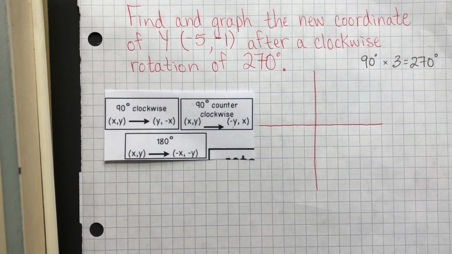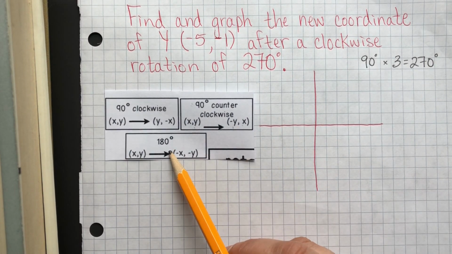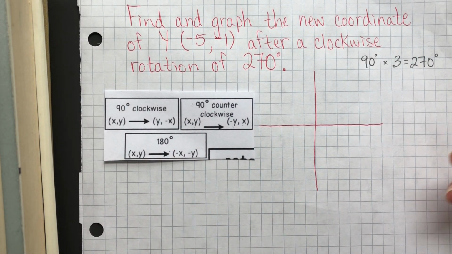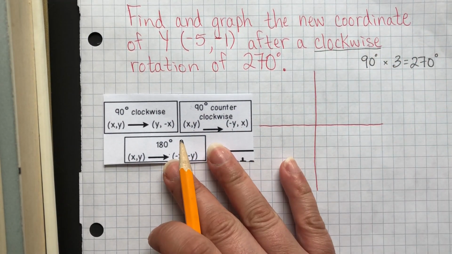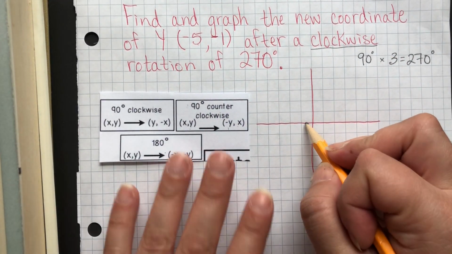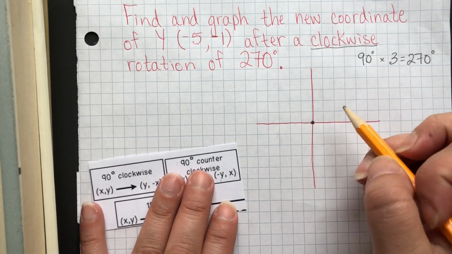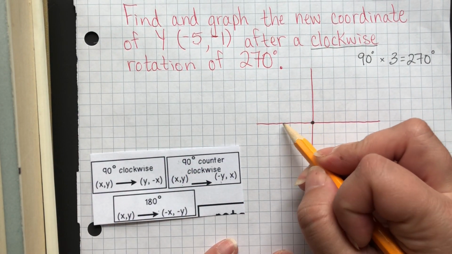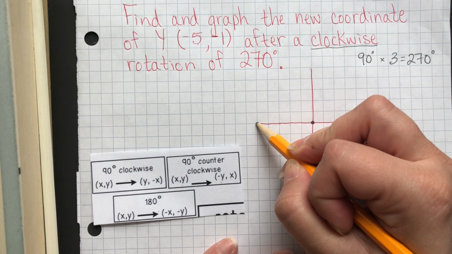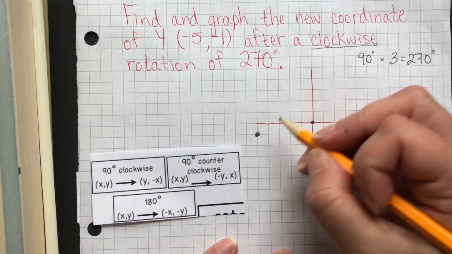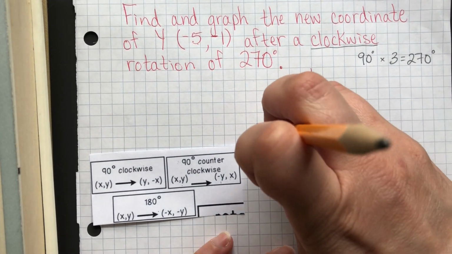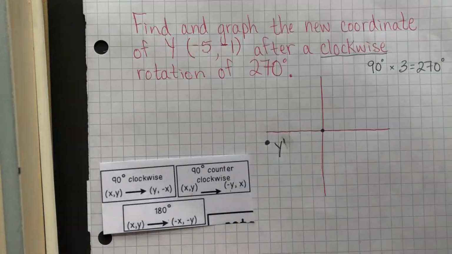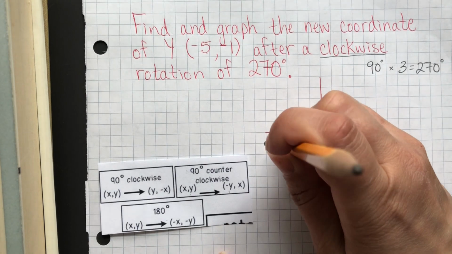Okay, so that would be 3 90-degree rotations, or it's 180 degrees and then another 90 degrees. And we're going clockwise. So the first thing we're going to do is plot our point. Start in the middle. We're going to go backwards 5 and down 1. That's a -1. So here is our new coordinate. Oops, not prime. My apologies. That's the original, so it should just say Y.